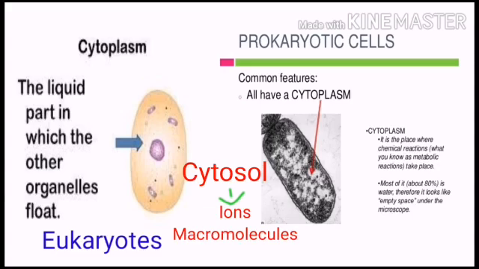So in eukaryotes, the cytoplasm includes membrane-bound organelles which are suspended in the cytosol. The cytoskeleton, a network of fibers like microfilaments and microtubules that supports the cell and gives it shape, is also a part of the cytoplasm and helps to organize cellular components.